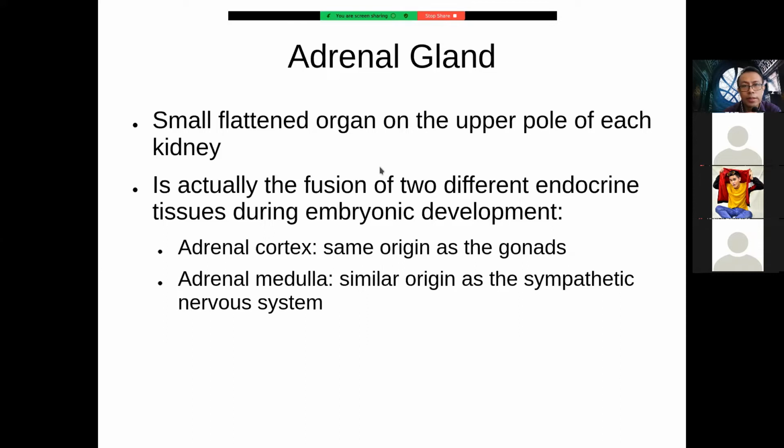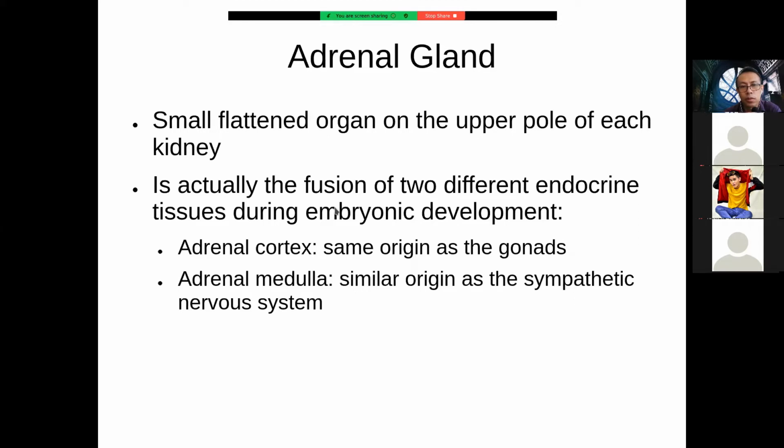The adrenal glands, which you will encounter in the abdomen, are flattened little organs perched on top of the poles of the kidneys, which are a fusion of two different cell types, much like the pituitary gland is.